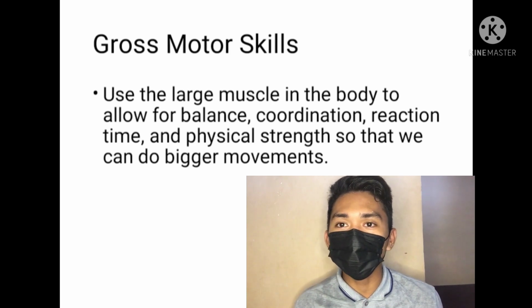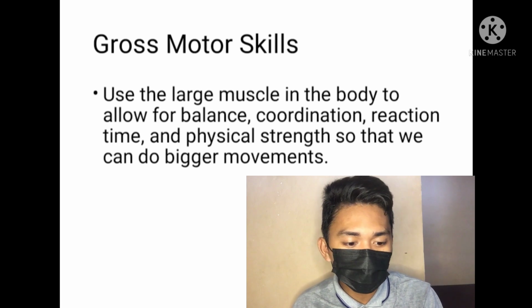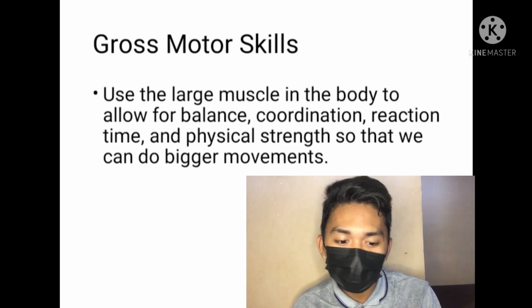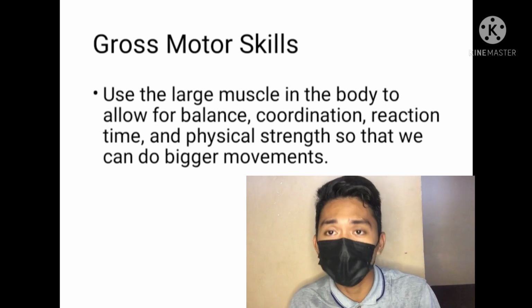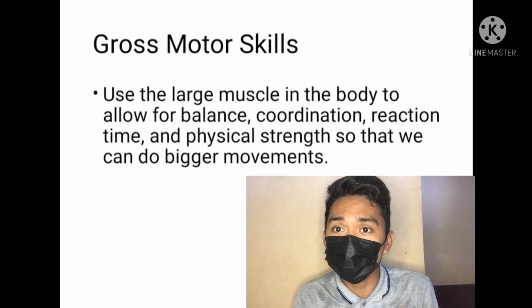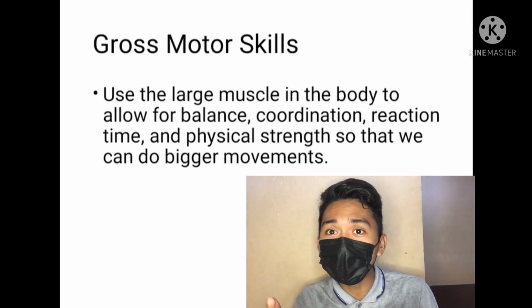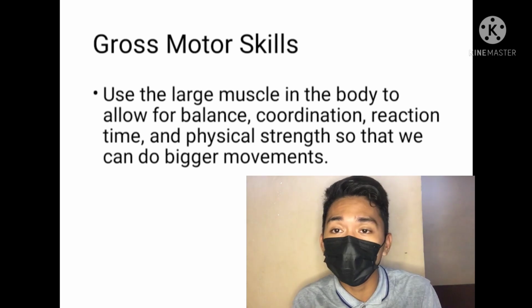Another classification is the gross motor skills. These use the large muscles in the body to allow for balance, coordination, reaction time, and physical strength so that we can do bigger movements. In gross motor skills we use large muscles to move. Earlier, in fine motor skills, we were required to use small muscles.